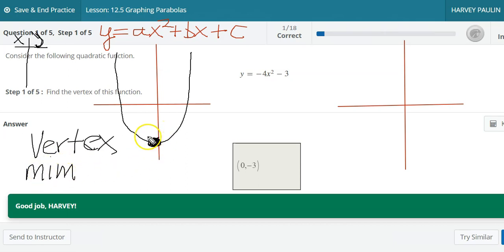When a is positive, the vertex is the minimum. Now, the vertex is written as an ordered pair, x, comma, y.